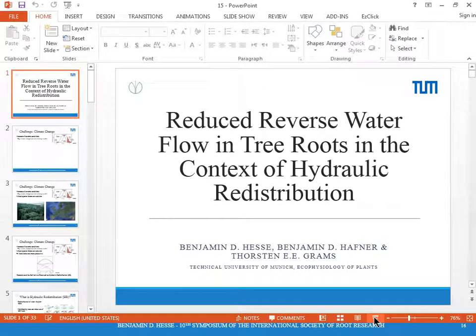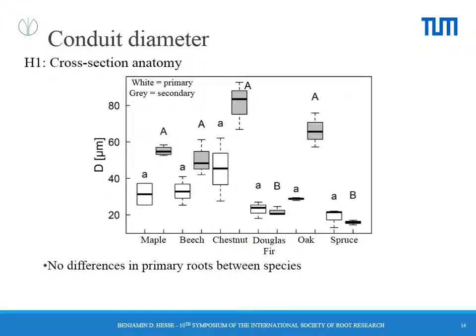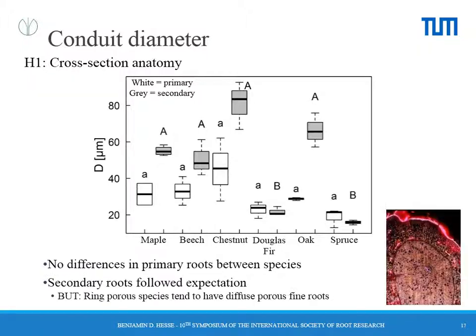We see that there are obviously some small differences, but they are not as big as you see them, for example, in stems. If you focus now on the gray box plots, you can see that there are, of course, clear differences. You see that the conifers don't really change the size of their conduits at all, while the ring porous species have the biggest vessels in the end.